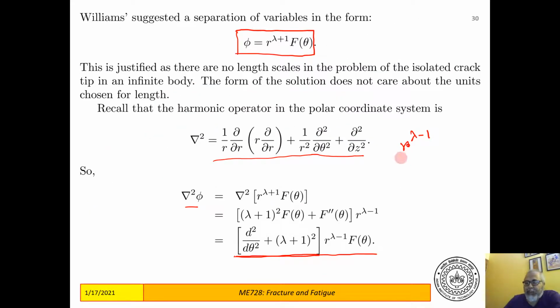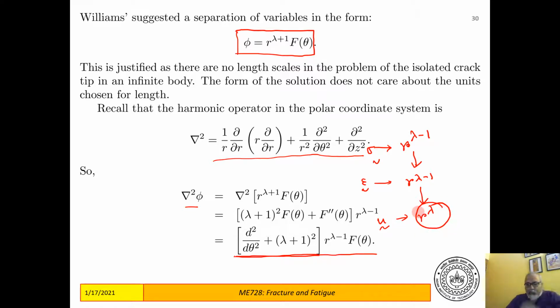So strains will also contain r to the power lambda minus 1. And the displacements are integrals of the strain. So displacements will contain r to the power lambda. So this is stress, this is strain, and this is the scaling of displacement. So the displacements will scale as r to the power lambda.